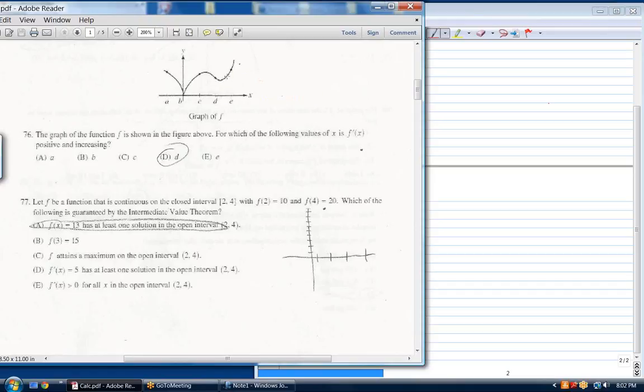And because this function is concave up, the first derivative is increasing. And the second derivative would be positive. If the first derivative is increasing, the second derivative is positive, and a positive second derivative means it's concave up. And we can see that it is.